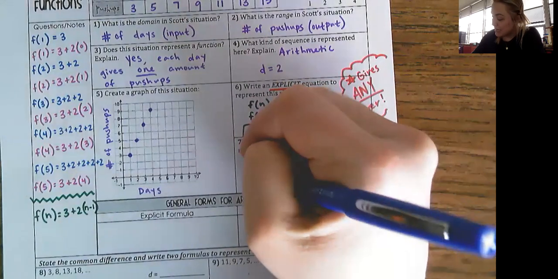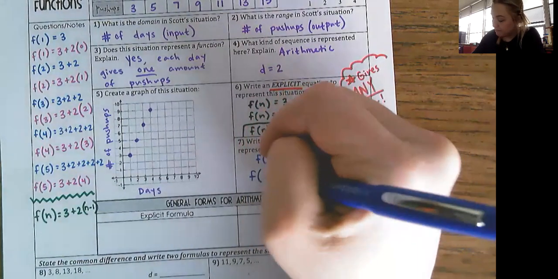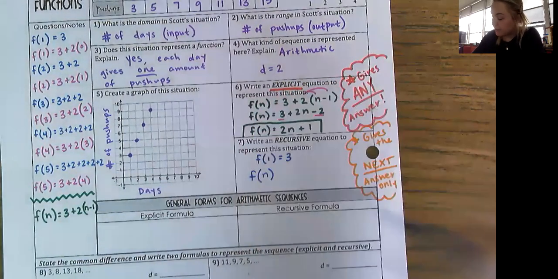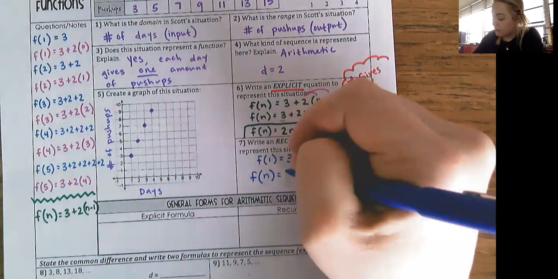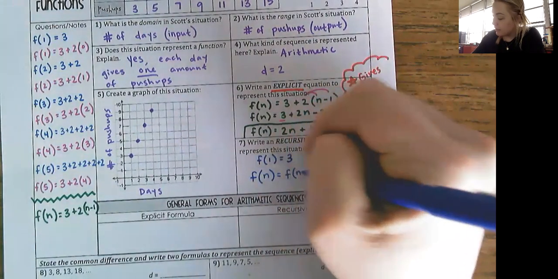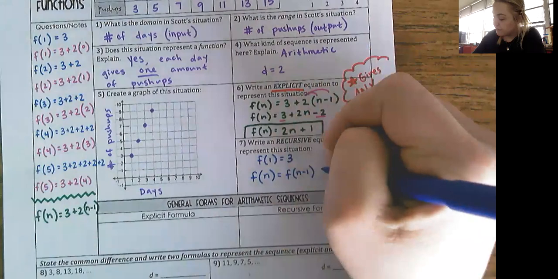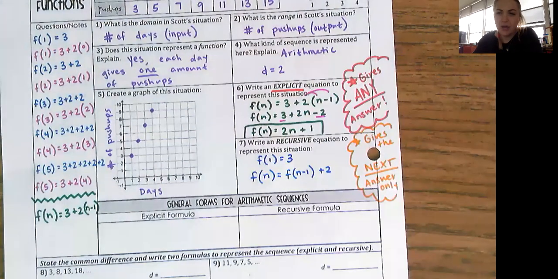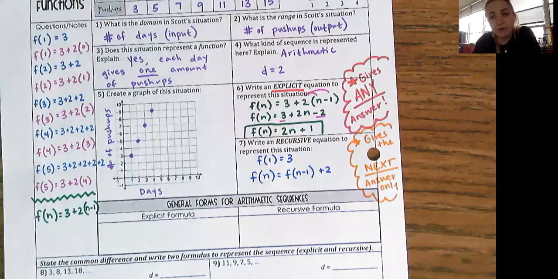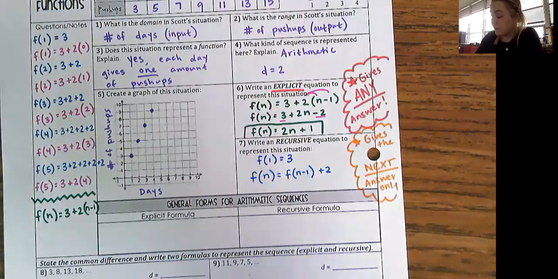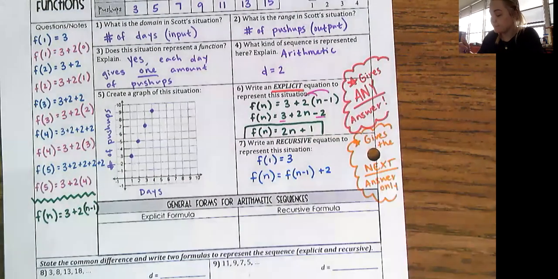So you would say, to get the next number, what you need to know is the number in front of it, and then you'd add 2. So it's more to help you immediately, not to help you find any answer. It only gives you the next answer.